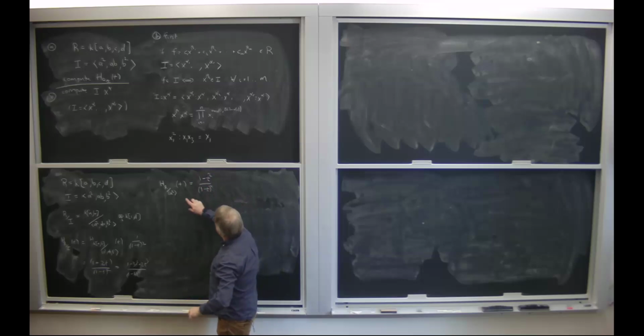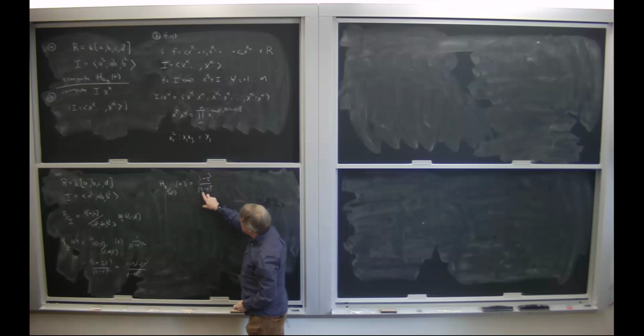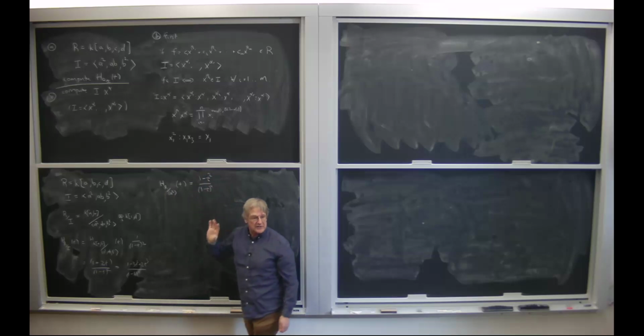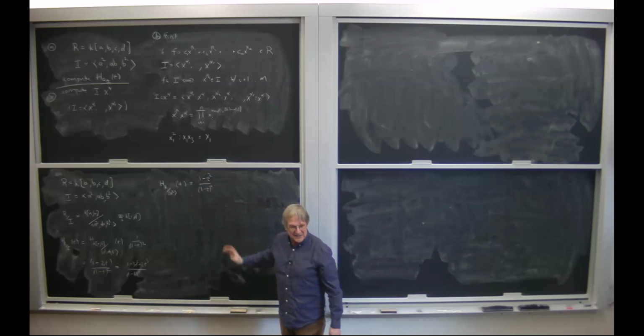Because the other 3 variables are going to give you the 1 minus t's that you had before, and then here you have 1 plus t, and to get it up to that, you have to multiply by 1 minus t. So 1 plus t times 1 minus t gives you this. So there's some base case here that you have to do.